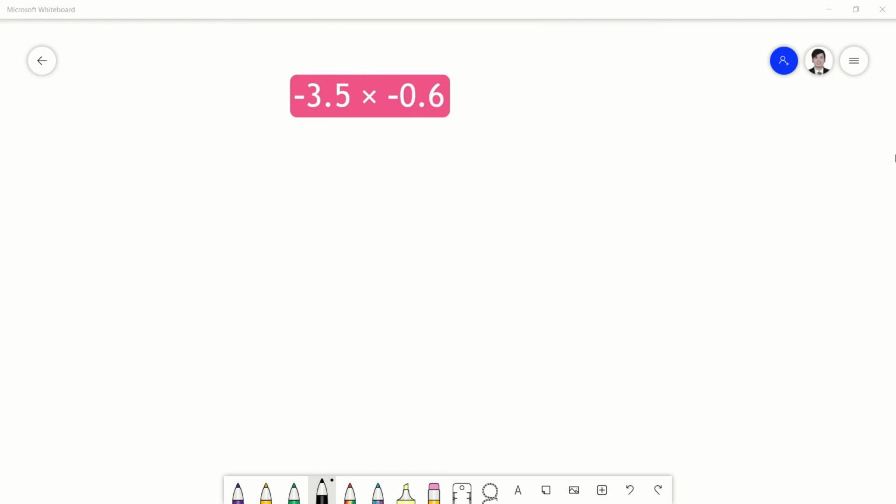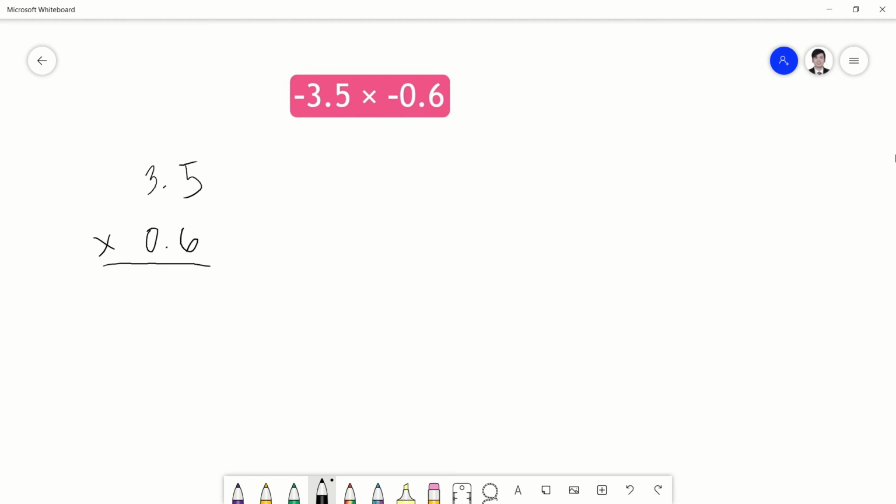Here, we have negative 3.5 times negative 0.6. First of all, let's multiply 3.5 with 0.6. If you're wondering what happens to our signs, we will deal with that later.